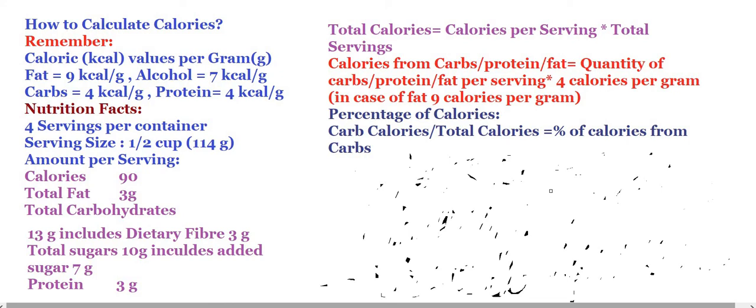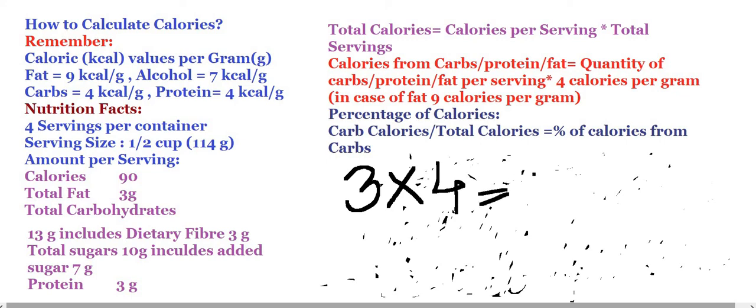In the same way, if I have to calculate the number of calories from protein, I will see protein is 3 gram. So we will write here 3 multiplied by 4 calories per gram.